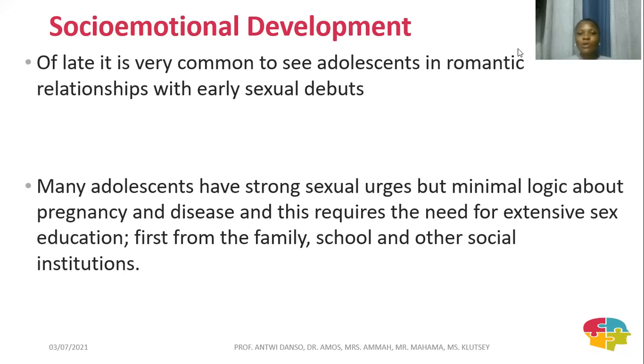Some adolescents also have strong sexual urges, but they don't have the reasoning to think about the consequences of indulging these sexual urges, including the risk of pregnancy, the risk of STIs, and including HIV.